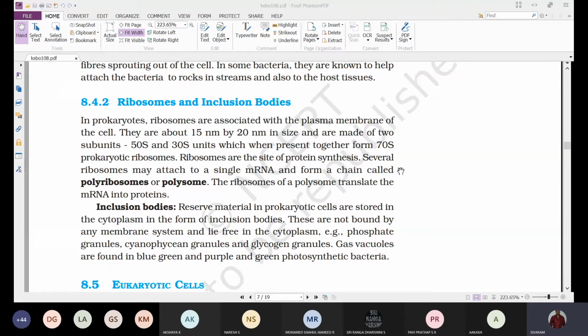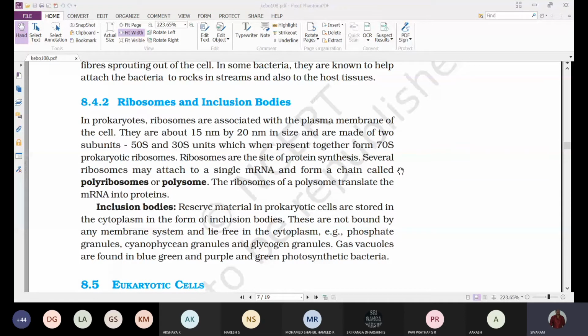Based on the information copied on the mRNA, the sequence of amino acids in a polypeptide chain or protein molecule is determined. To form that polypeptide chain, the ribosome has to attach to the mRNA and read its sequence, and according to that the new polypeptide chain is synthesized.